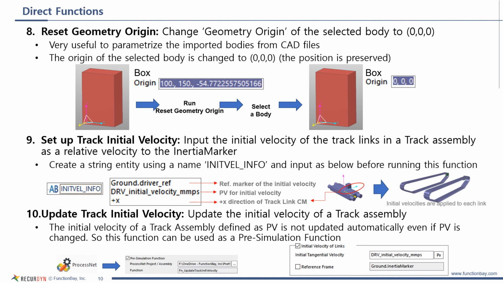If you register the Update Track Initial Velocity function in pre-simulation in the ProcessNet settings, the initial velocity value of the track assembly is automatically updated and simulation is performed.